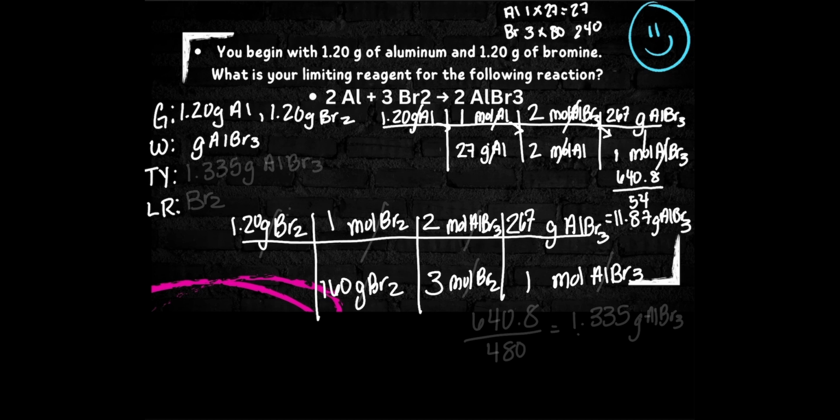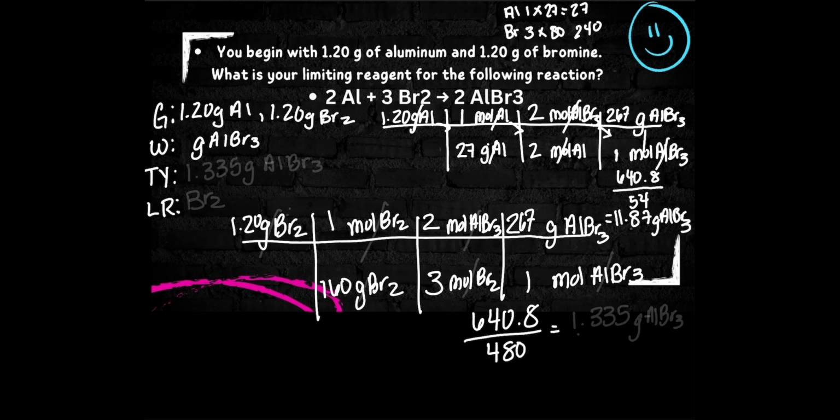Your numerator is going to be the same as what you did before, because your numerator in your first set of railroad tracks is the same as your numerator in your second. So we got 640.8. The only thing we have to do now is the math for the denominator. We multiply 160 times 3 times 1, which gives us 480.